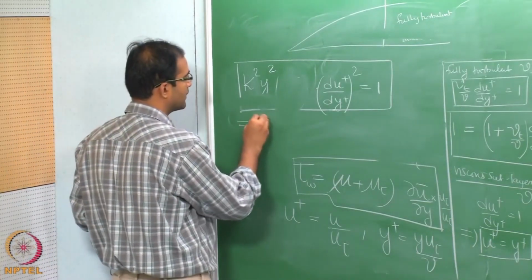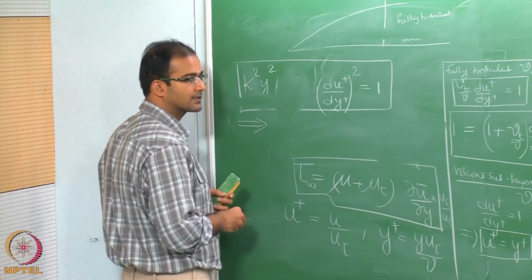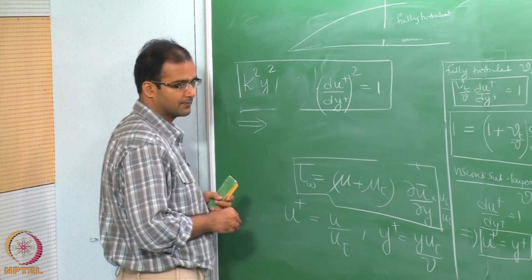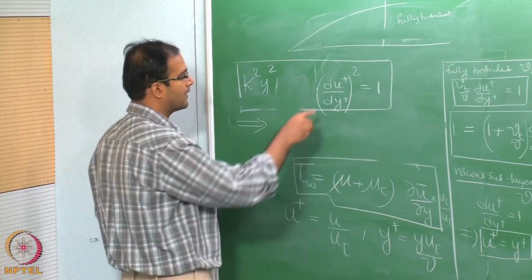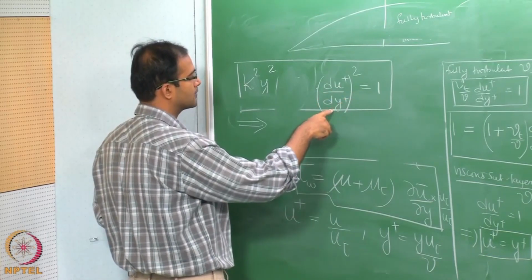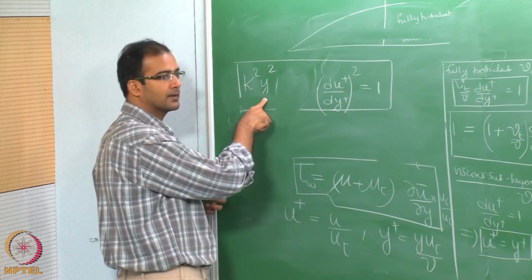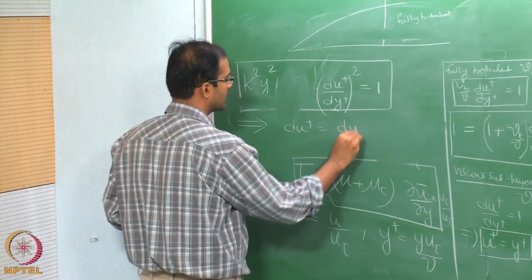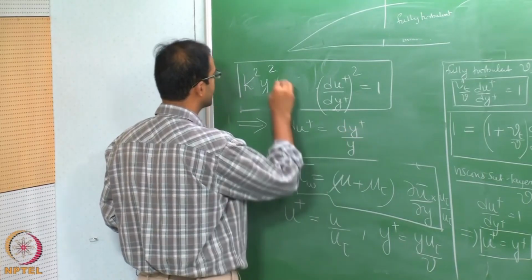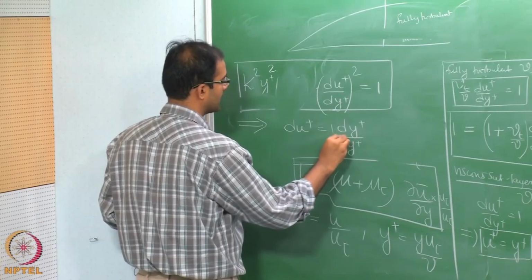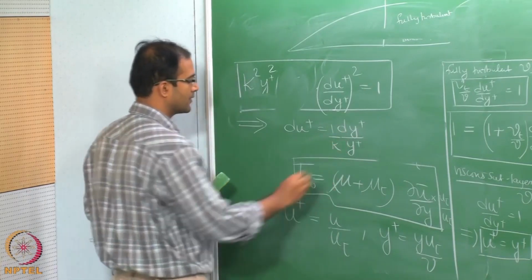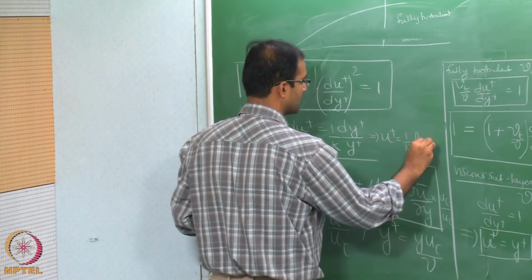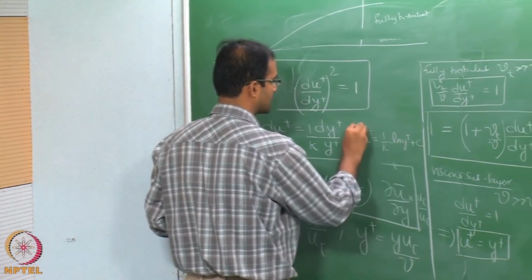So, finally, when we take square root of this and then integrate it, what will be the profile? We will have du plus is equal to dy plus by y into k, so we can write this as 1 by k times dy plus by y plus. If you integrate this, you get u plus is equal to 1 by k ln of y plus plus another constant.